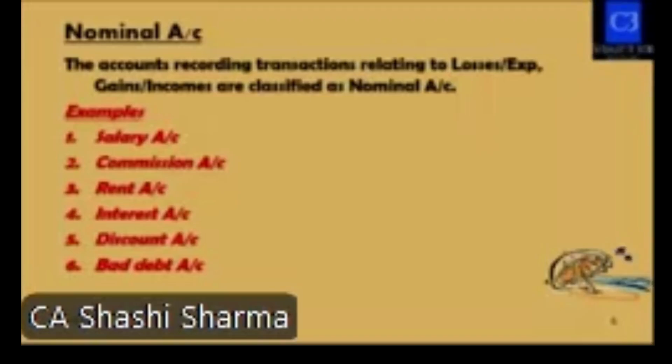If you are receiving salary from someone, you are working for someone, and the owner of that business is paying monthly salary to you, or someone is giving commission to you, or you are getting rent for your certain property, then all these nominal accounts will be considered as income for you, because you are receiving money.